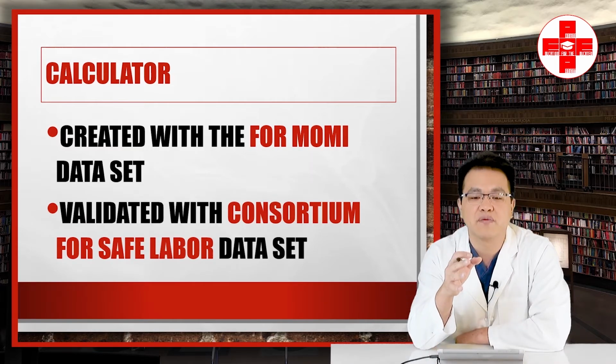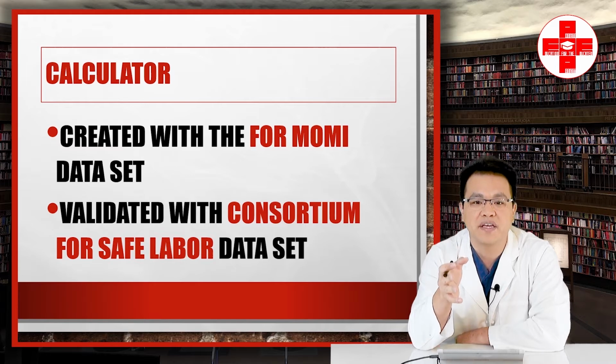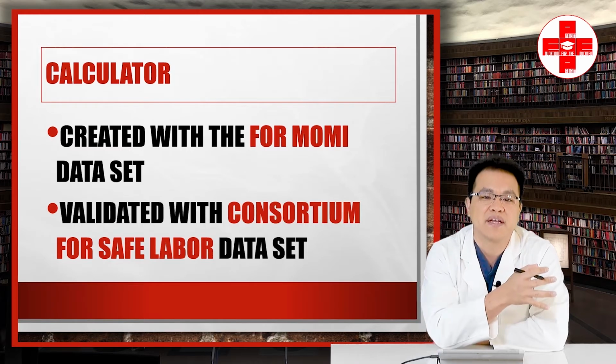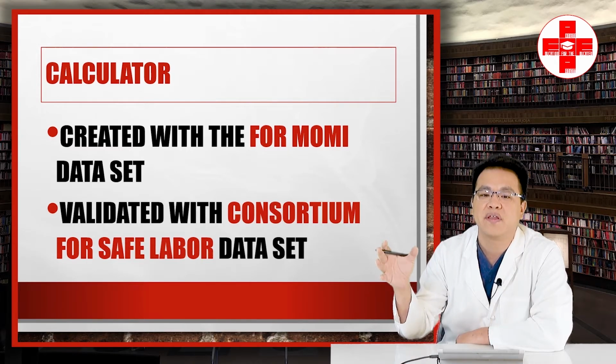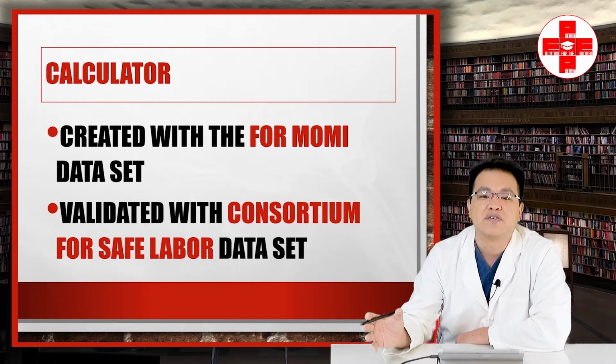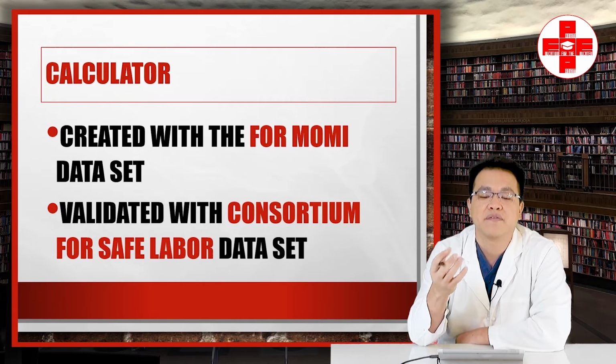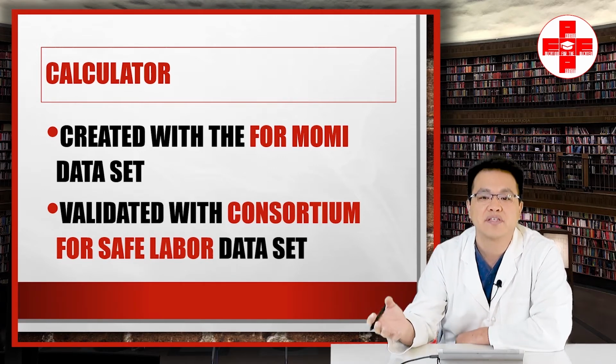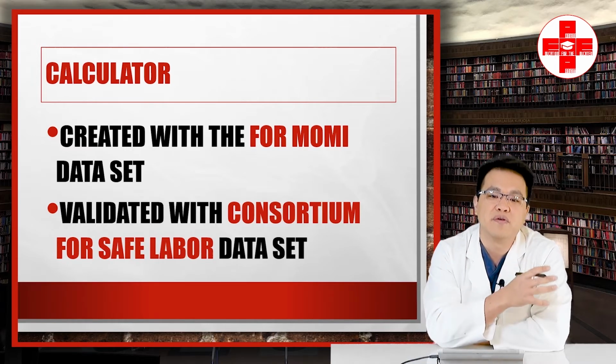So this calculator was created at the University of Pennsylvania, and at UPenn, they created a calculator based on one data set and validated it with a second data set. So it's actually a very good calculator and it's fairly accurate based on its validation. They started with their own data set from a trial called 4Mommy.